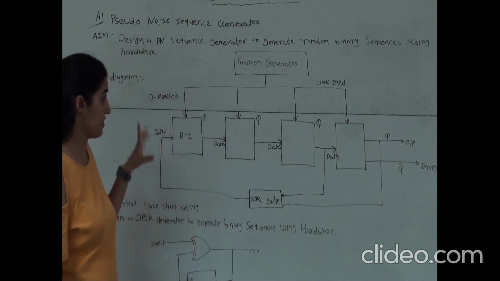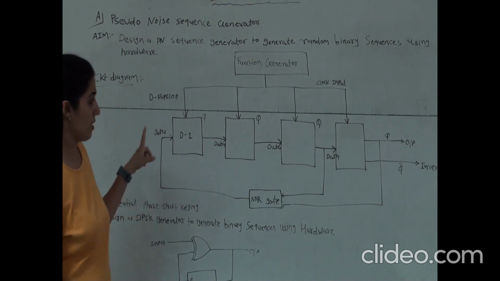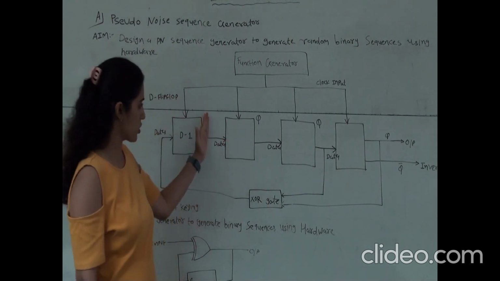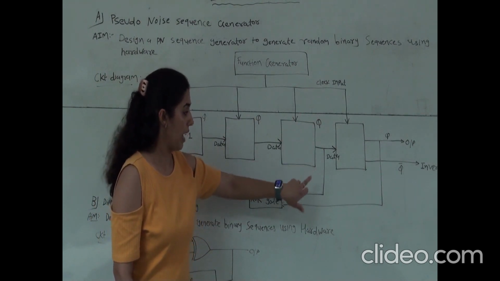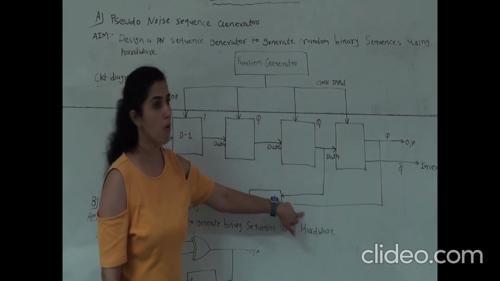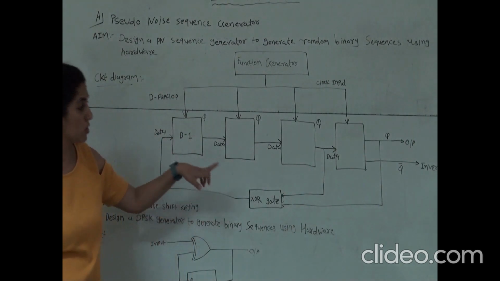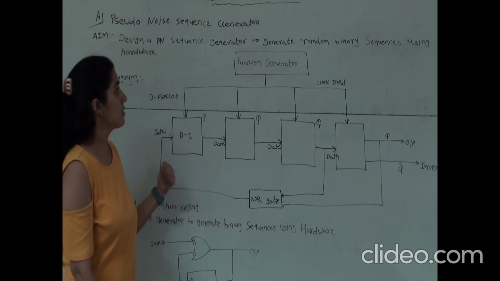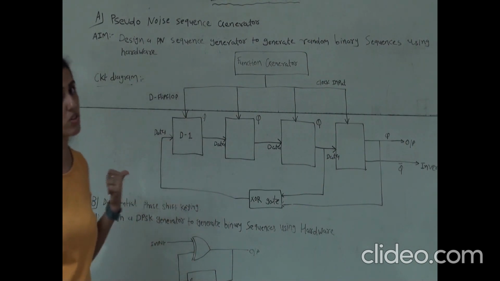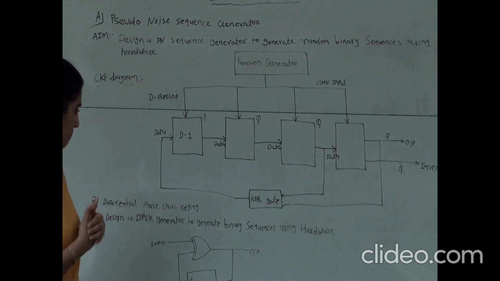However, if any one of the inputs is 1, then it will get shifted, and at one point of time one of these inputs will be 1, because of which the output will be 1. So this will generate a random sequence. In this manner the pseudo random noise generator works, generating random binary sequences.